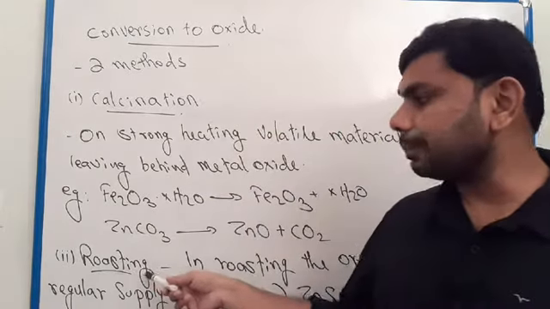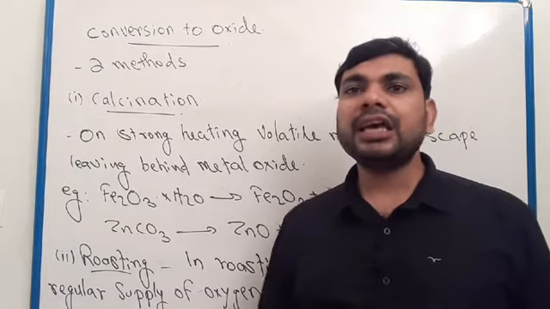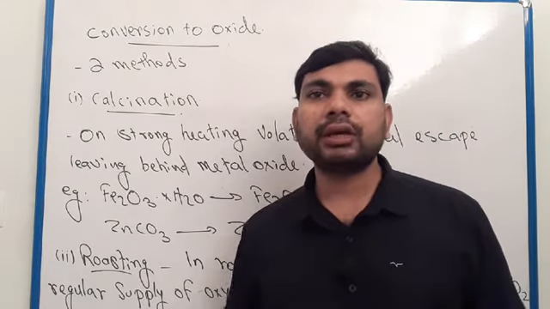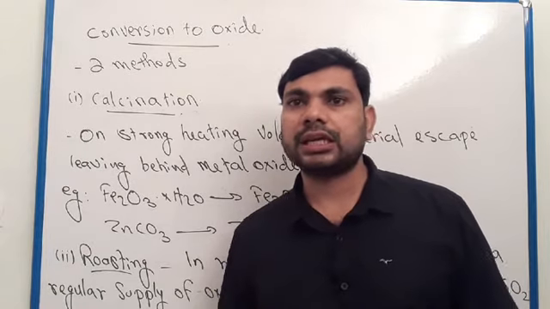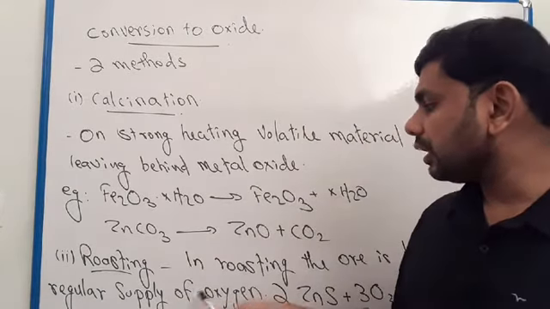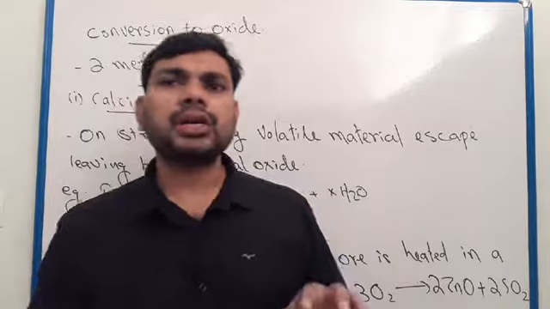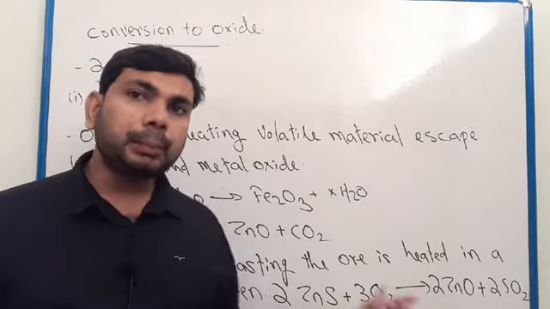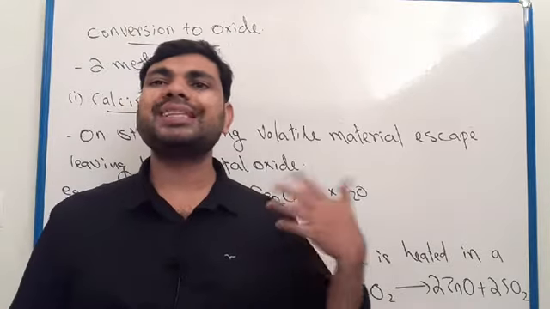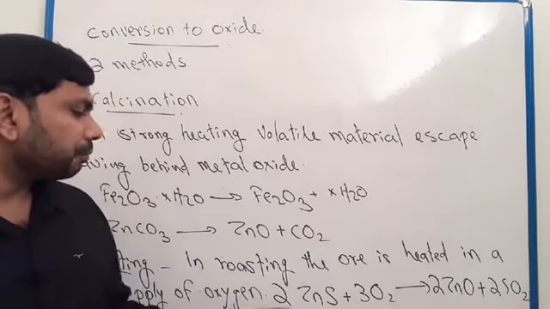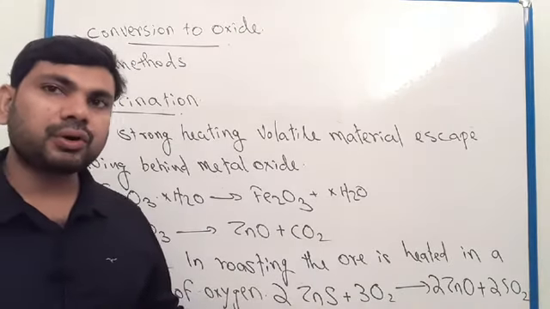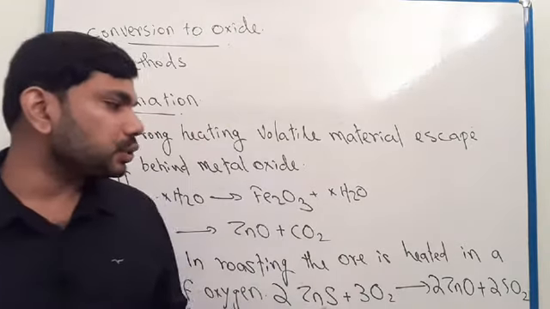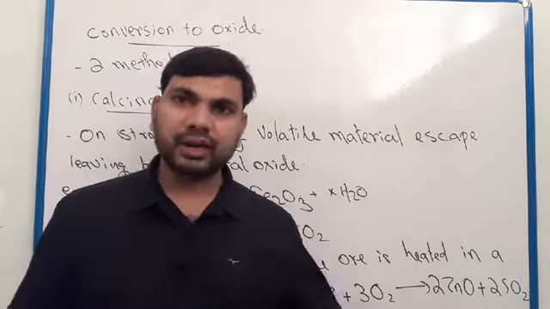But roasting, the second method, means heating very strongly in presence of air or oxygen. Here the concentrated ore converts into metal oxide and impurities also convert into their oxides. Example: zinc sulfide or zinc blende heated very strongly in presence of oxygen produces zinc oxide and sulfur dioxide.